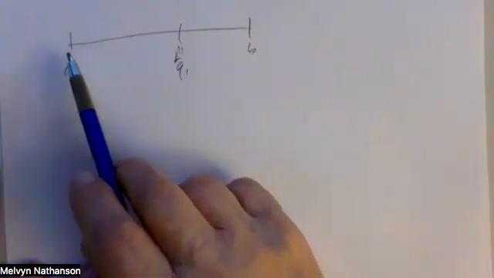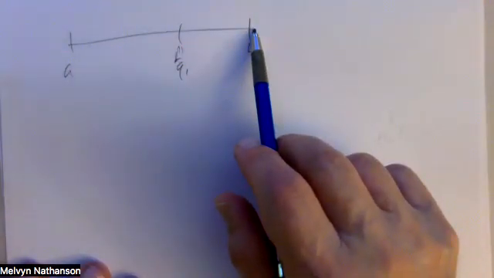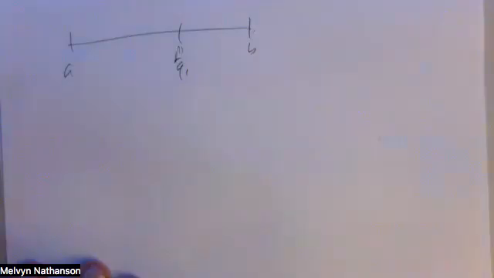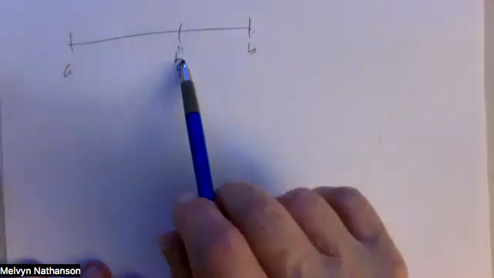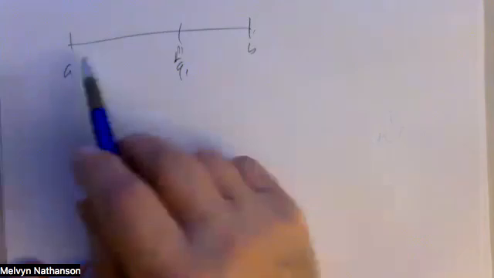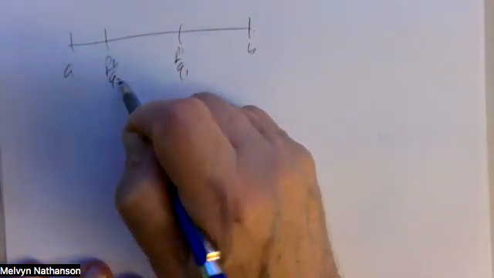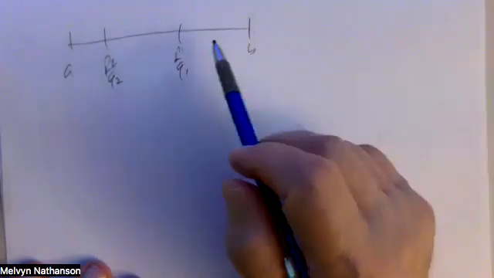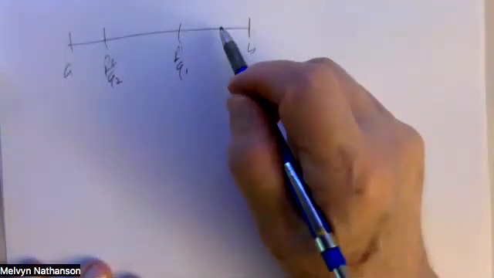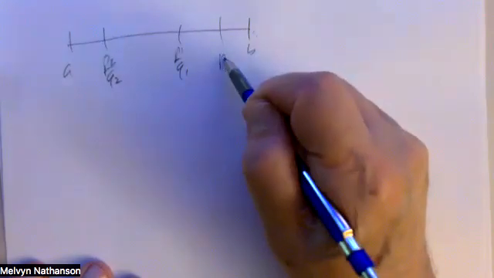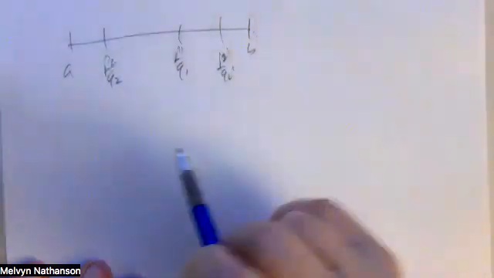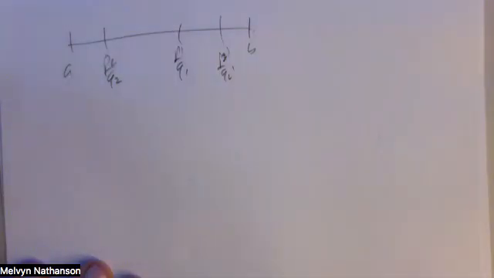We just proved that between any two numbers, there's a fraction. Well, here's another number and here's a number. So between these two numbers, there's a fraction. And between here and here, there's another fraction.